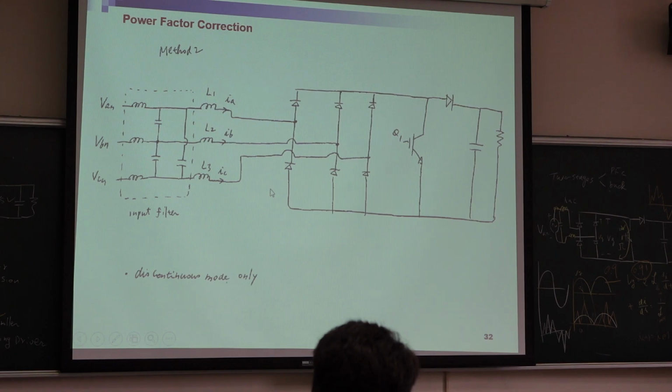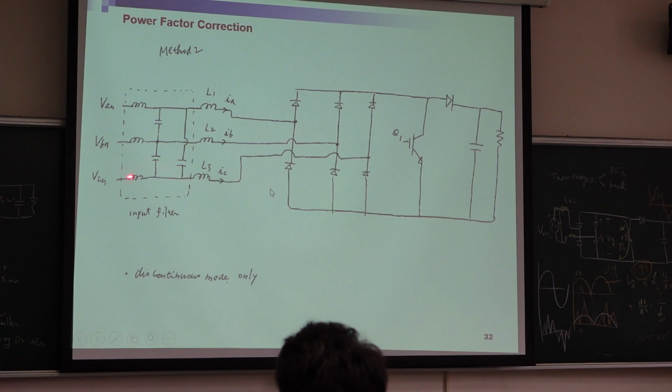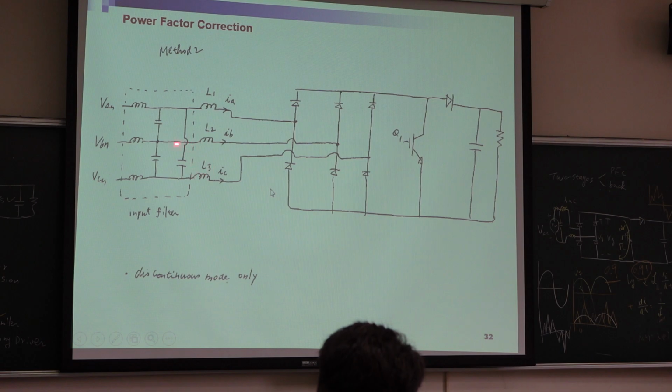Okay? So, we also can propose this one. So this is LC, and we have three-phase here. And we use only one switch. So we have three-phase, VA, VB, VC.